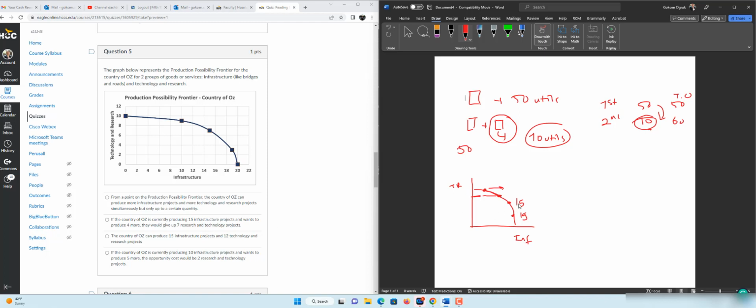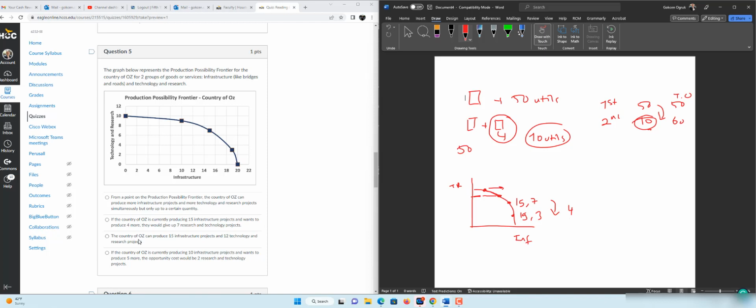Let's find out when it's 15 infrastructure projects, how many technology and research projects you can get. 15 is here, and that is corresponding to 7 technology. And 19 is here, and that is corresponding to 3 technology projects. So actually they are giving up 4 technology and research projects, not 7. That's why it's not correct.